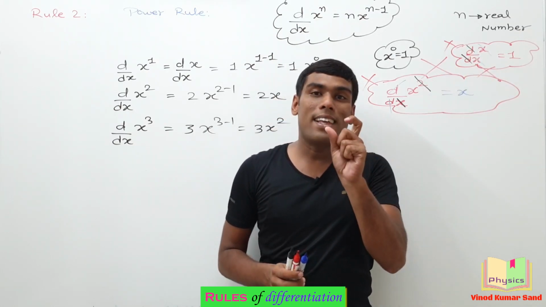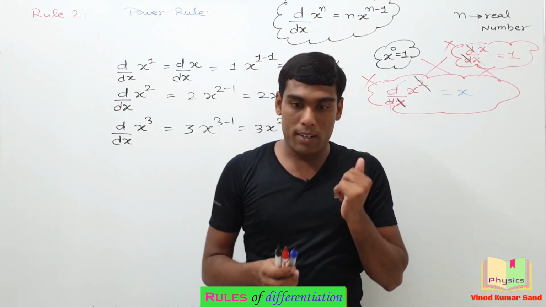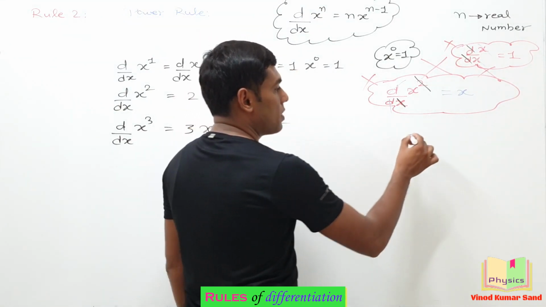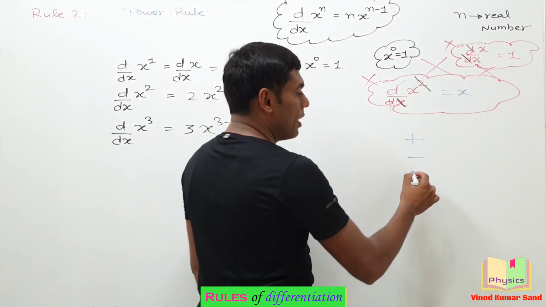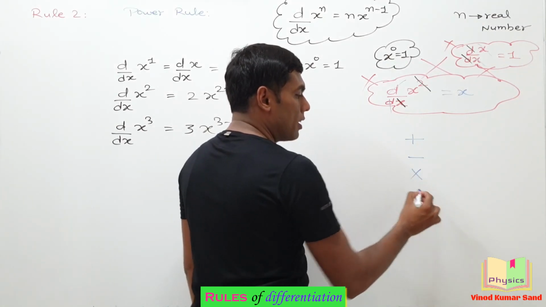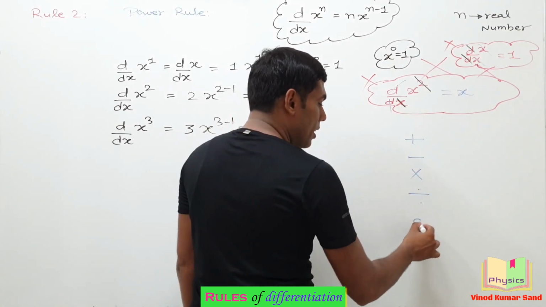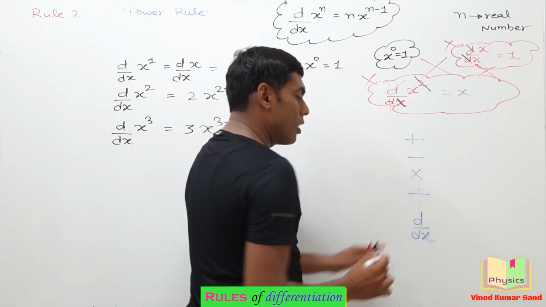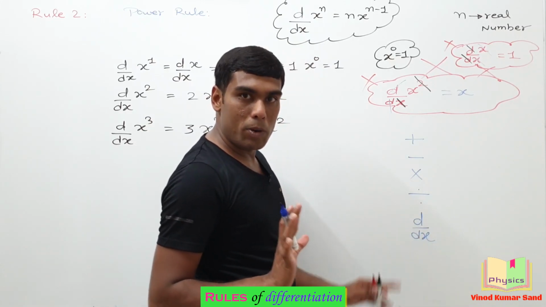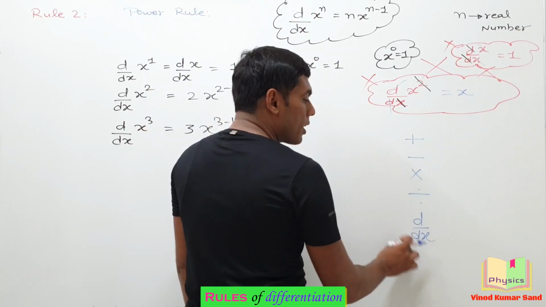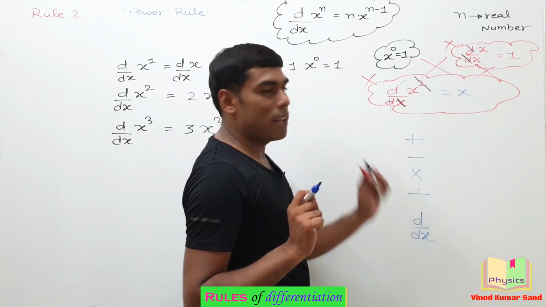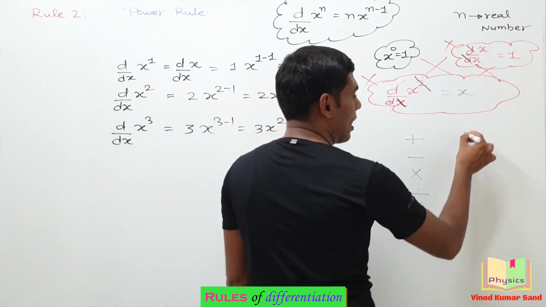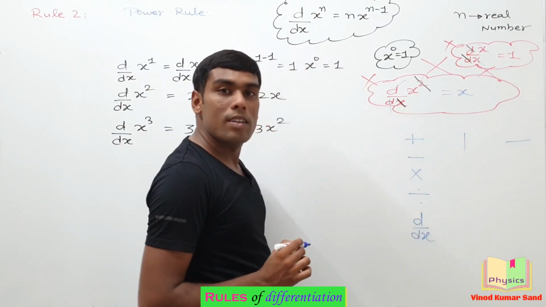Actually, d by dx is an operator. In mathematics, you have seen the plus, it is a mathematical operator. You have seen the minus, you have seen multiplication, you have seen division. Similarly, d by dx is a mathematical operator. Getting my point? You cannot destroy the operator, such as if someone asks you to write the plus sign, do you ever write one line here and other line there?